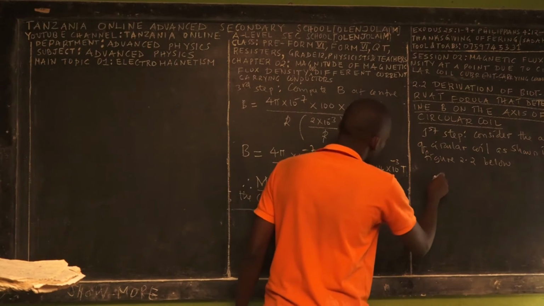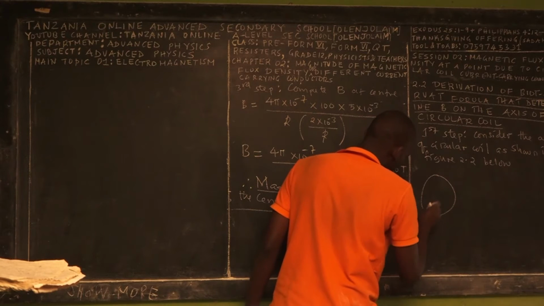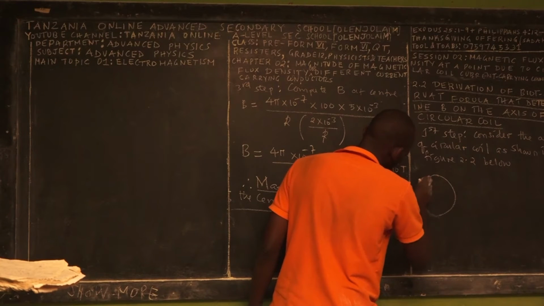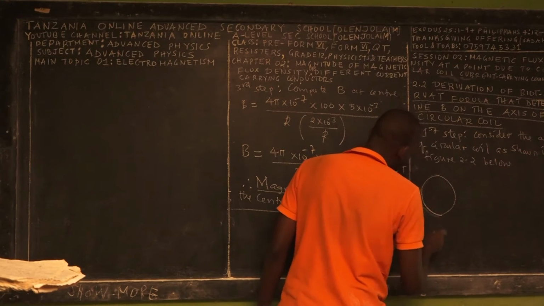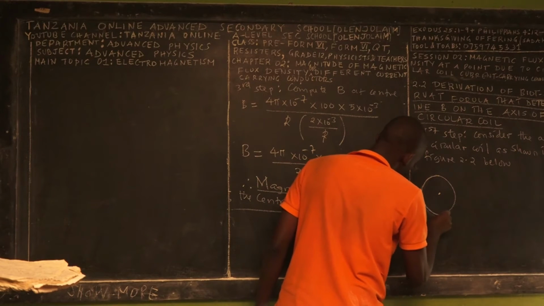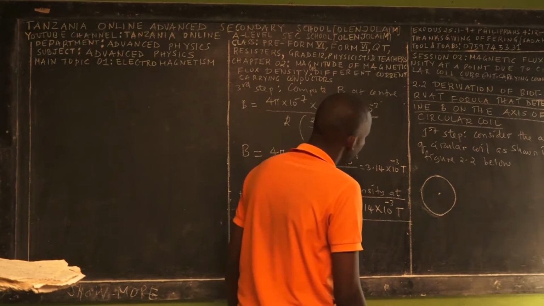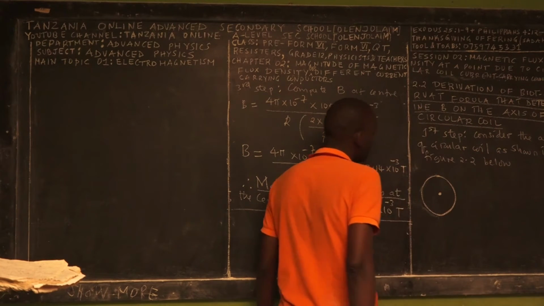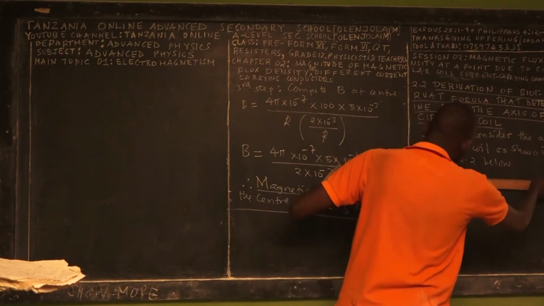So you have a circular coil here. This is the circular coil, and here we have an axis.